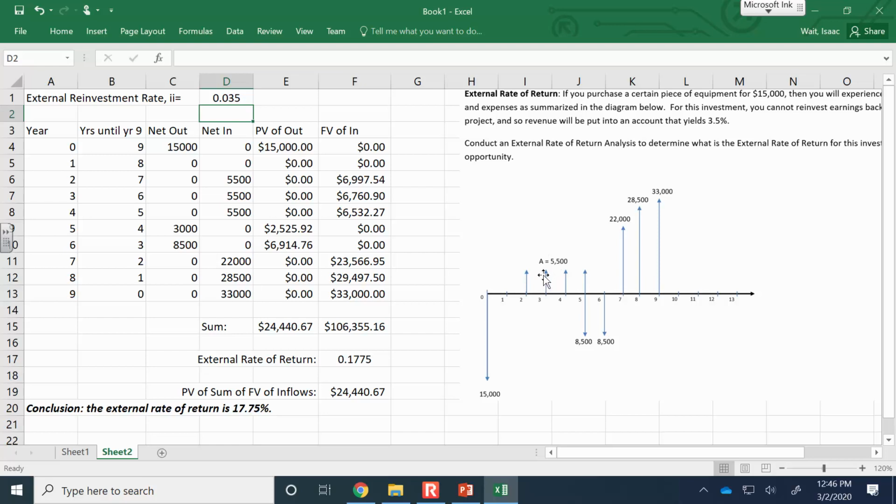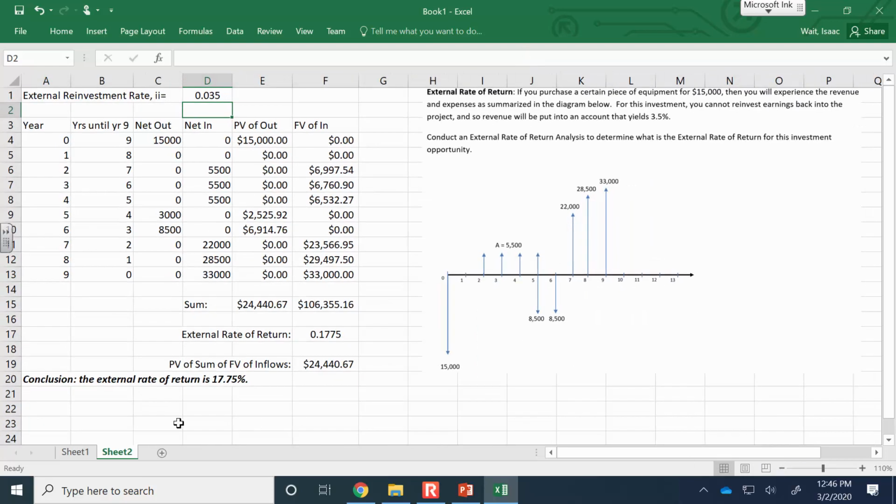Like this 5,500 that you get in year 2, it's going somewhere, and this 5,500 is going to continue to accumulate additional funds until year 9. And so you're going to be earning the rate that has to do with how much is coming out of the project, and then the weighted average also takes into account that external effect as well from the external reinvestment rate.